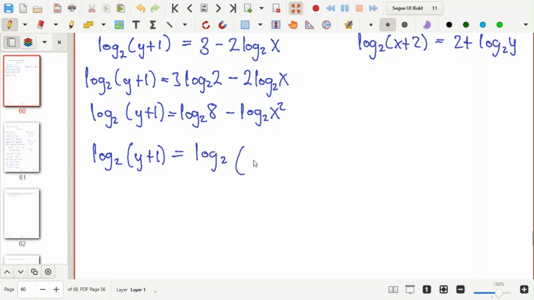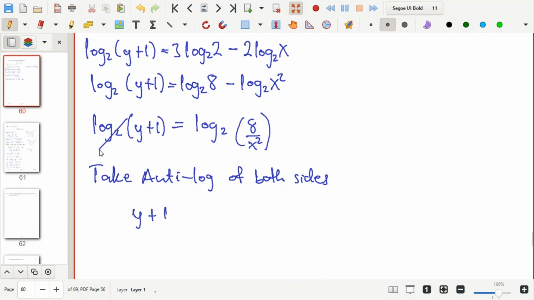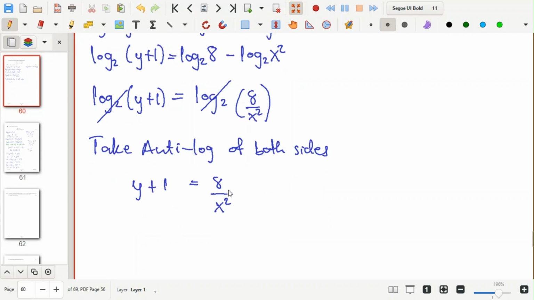So it's minus, so the argument will divide. Since I have a single logarithm expression on the left and the right, I can take the antilog of both sides. So I'll just equate the argument. So y plus 1 is equal to this.